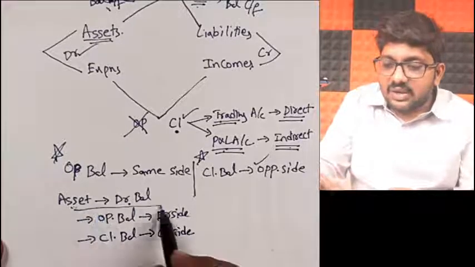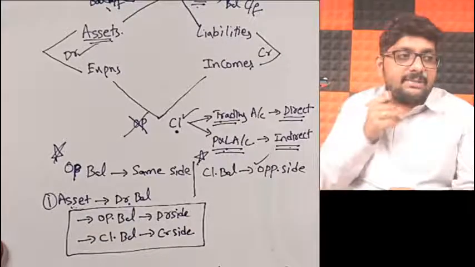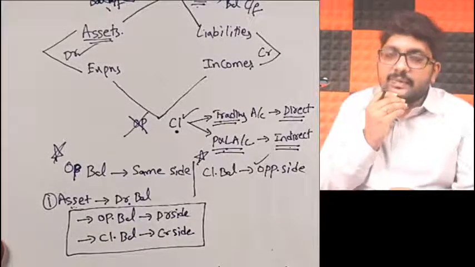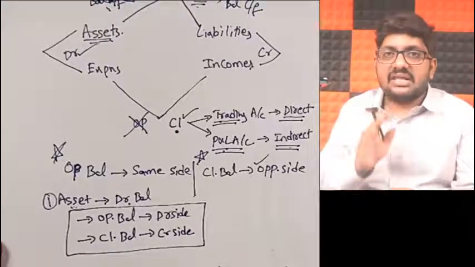Sir, how does this work? Wait for a moment, I'll explain. So for assets, opening balance will be on the debit side, closing balance will be on the credit side. Opening balance same side, closing balance opposite side.